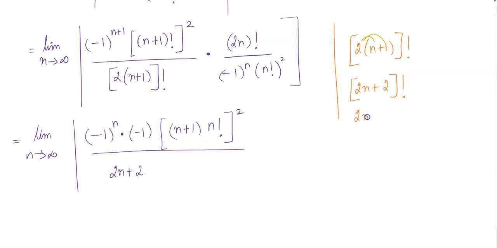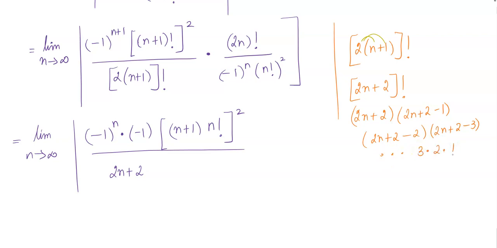And if you expand this factorial, it's 2n plus 2 times 2n plus 2 minus 1, times 2n plus 2 minus 2 times 2n plus 2 minus 3, etc., up times 3 times 2 times 1.